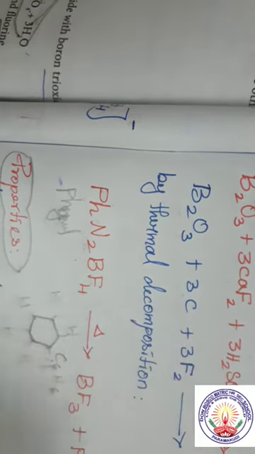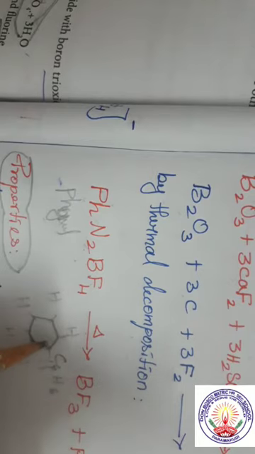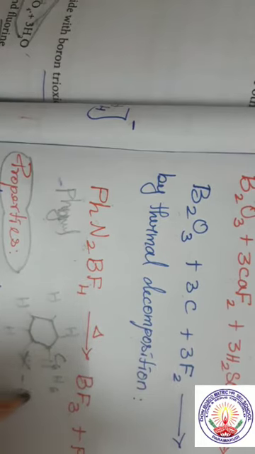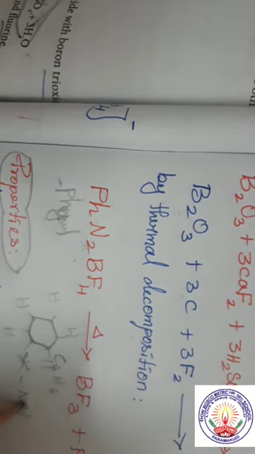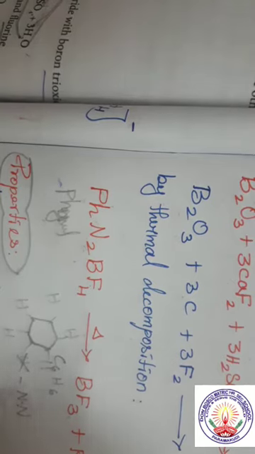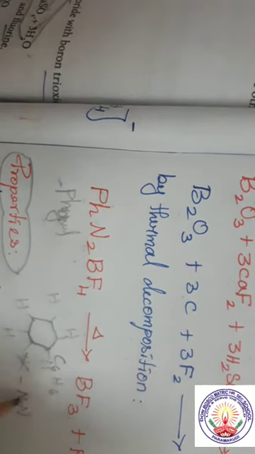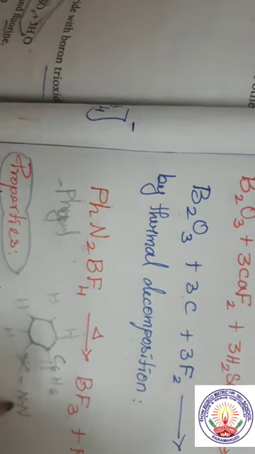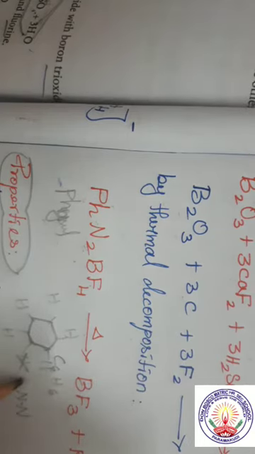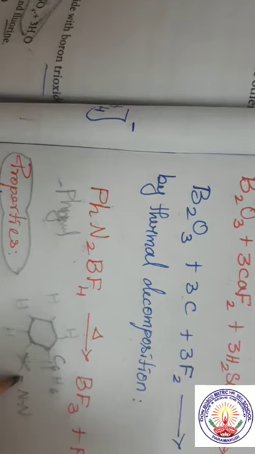So here what happens, this removes the hydrogen and becomes 2 nitrogens. So that is the structure of benzene diazonium tetrafluoroborate. So removing this hydrogen, 2 nitrogens are attached.